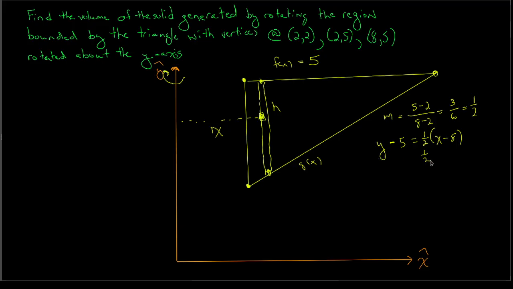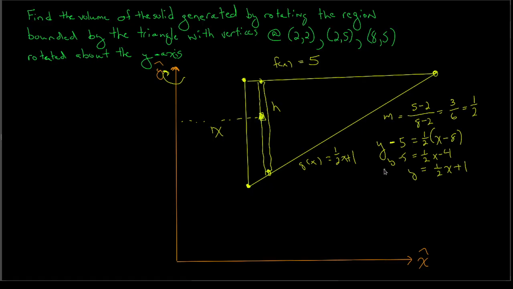So 1/2 x minus 4 is equal to y minus 5, or y equals 1/2 x plus 1. Let me see if I come to 1, and I go over 2 and up 1. Yep, that gets me there, (2, 2). So this is g of x equals 1/2 x plus 1.